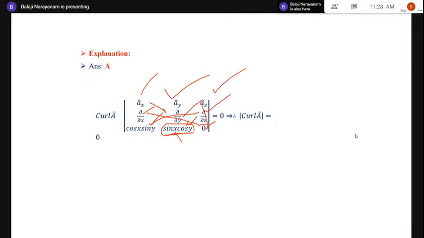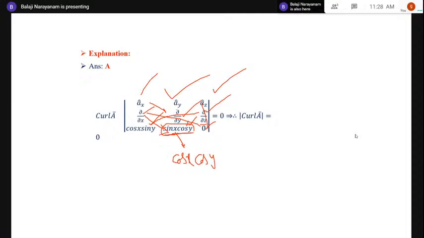So dou by dou x of sin x cos y is resulting in a value of cos x cos y.